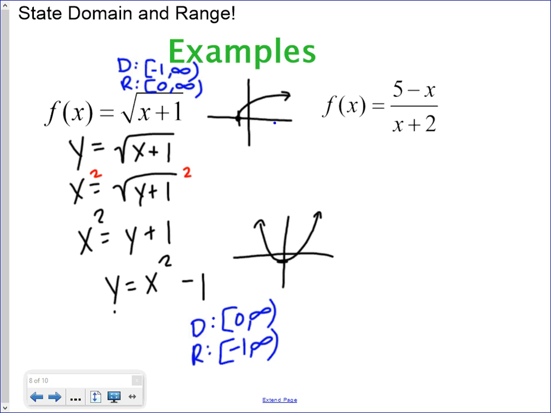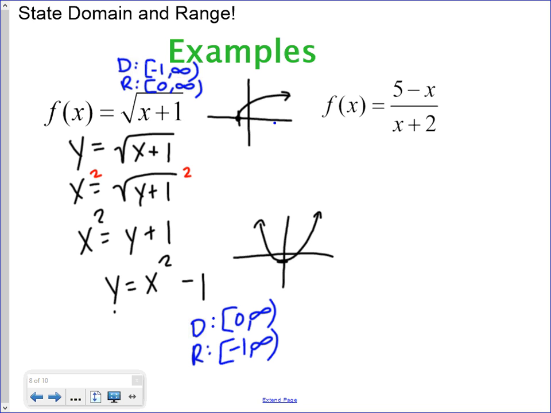The issue here is we decided on the last slide that quadratics didn't have inverse functions because they didn't pass the horizontal line test. But if you only have the positive square root of x plus 1, you should have an inverse function because you only have one arm of the parabola.